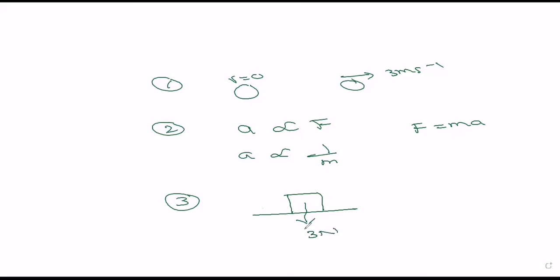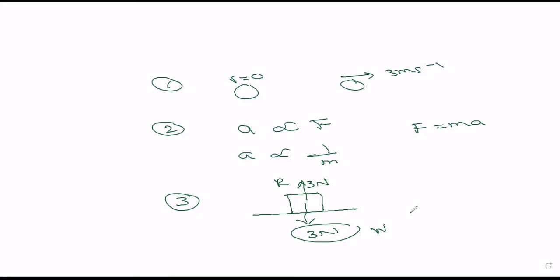Then the table also gives a force in the opposite direction, the same in magnitude. That we call the perpendicular reaction force, and the downward force we call weight. That's why the book stays stationary on the table.